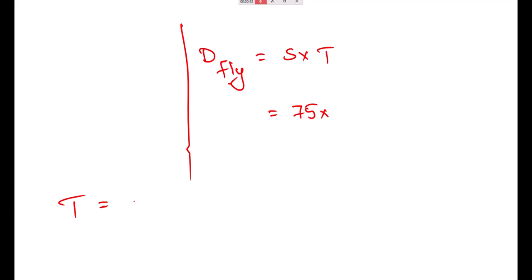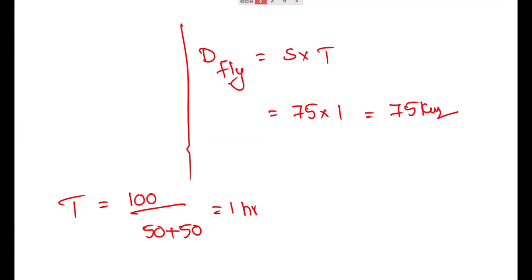Time is distance by speed. Distance is 100. As both are traveling in opposite directions, speeds must be added, so 1 hour. So the distance traveled by the fly is 75 kilometers.